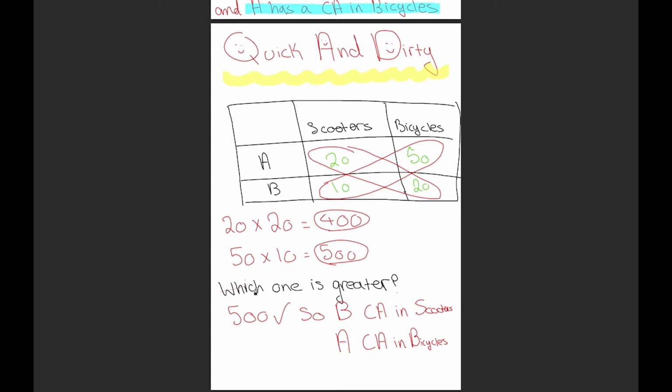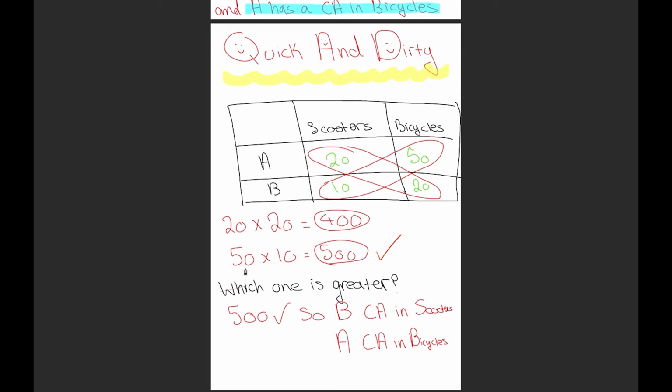Now tell me, which one is greater, 500 or 400? Of course, it's 500. So what is my conclusion by knowing which one is greater? I know that the greater one is the countries and goods that have comparative advantage within each other.